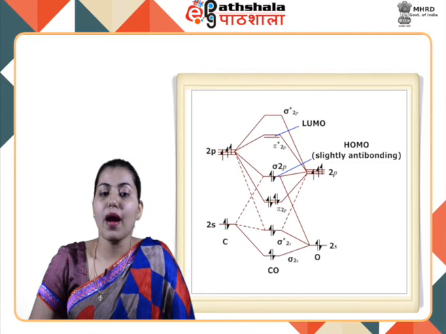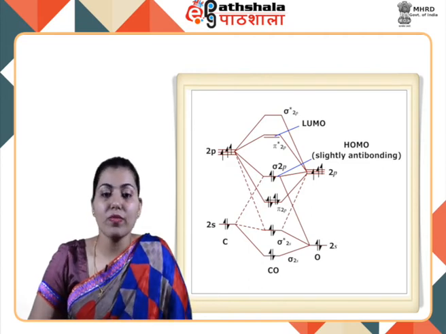The bonding pi orbital of the molecular orbital is populated and is largely localized on the oxygen atom because oxygen is more electronegative as compared to carbon, and hence the lower energy pi bonding orbital is mostly oxygen in character.